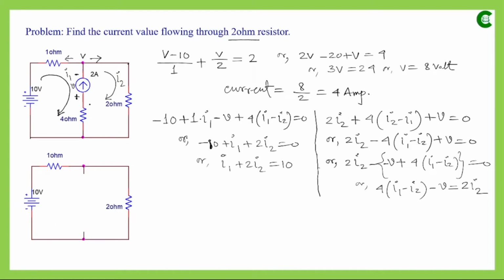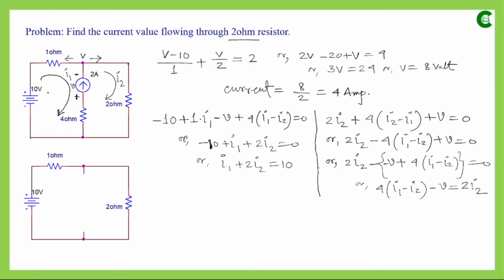Now one thing to be noted here is that supermesh does not produce any extra current. So whatever currents we have assumed for those individual loops or meshes, with those current values we will form the equation by applying the concept of supermesh. Now in this supermesh, the components that we see are the 10 volt voltage source, and two resistors, 1 ohm and 2 ohm.